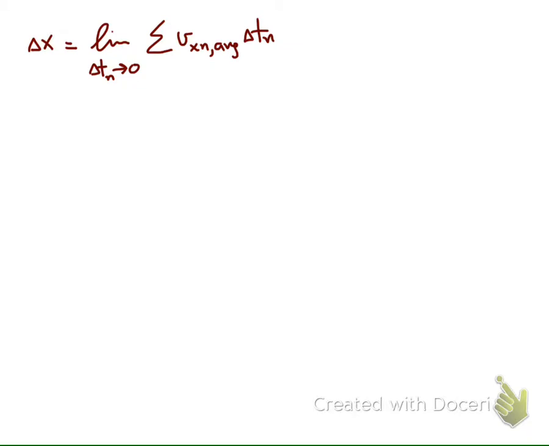Note that we will have the same result for the total displacement. It does not depend on the size of delta t_n, as we discussed before. So when we do the limit process, we also have the same value of delta x.